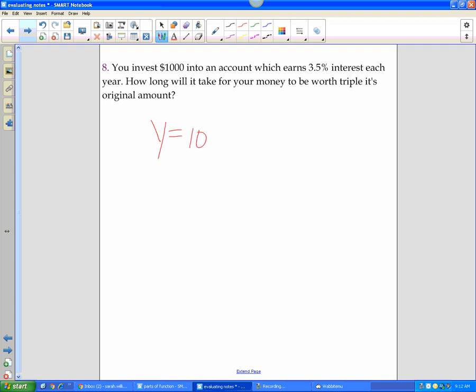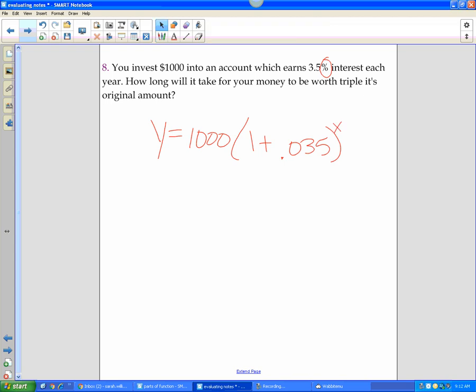Y equals 1,000. Parentheses, whenever you see a percent, you do parentheses 1. Is it 1 plus or 1 minus? Plus. Good. Elijah, what's 3.5% going to be as a decimal? Very good. 0.035 to the x.